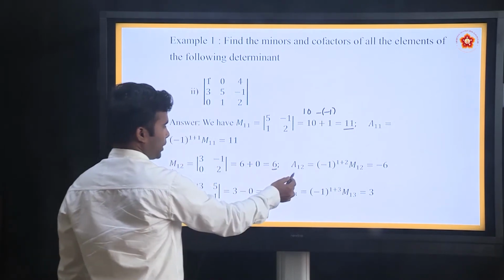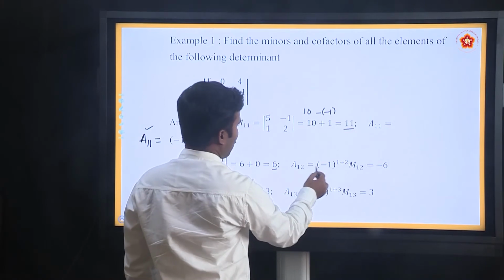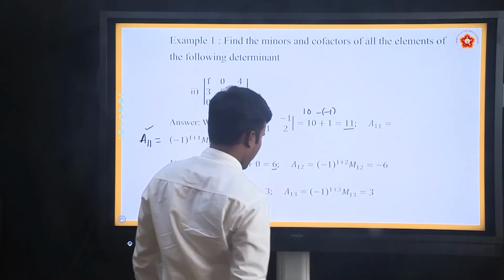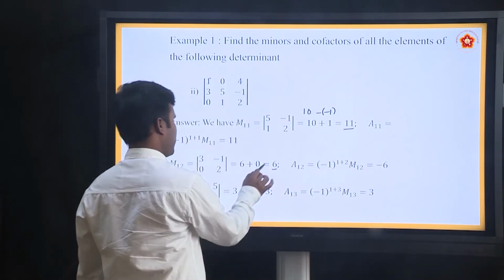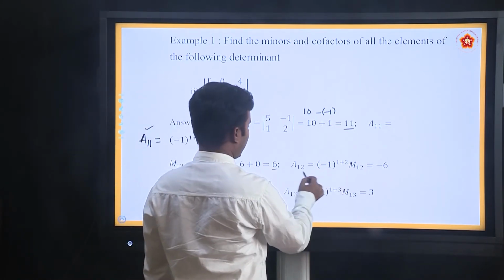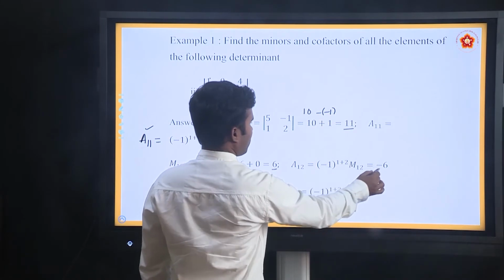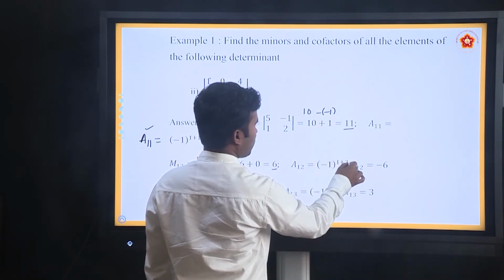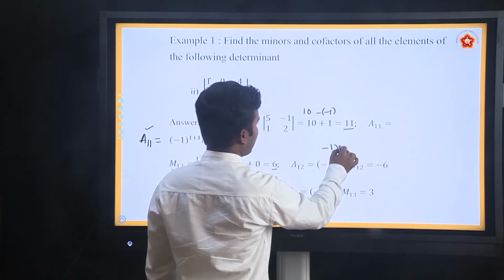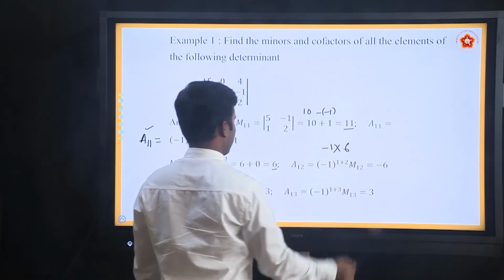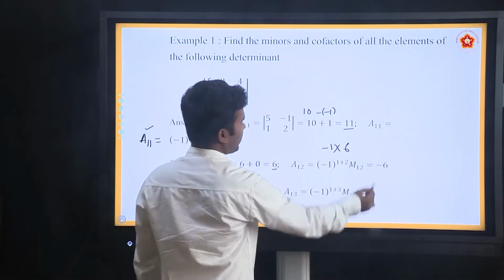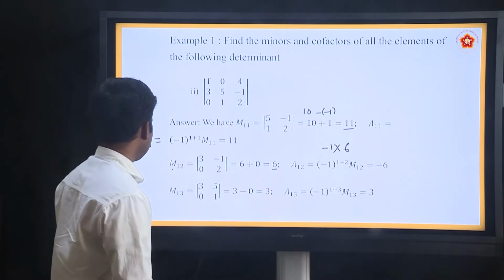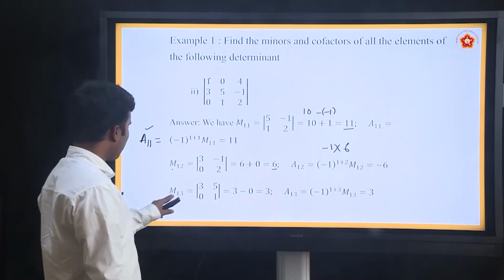The corresponding cofactor is minus 1 to the power 1 plus 2 into m12. So, here the minor is 6 and the cofactor is minus 6, because a12 is minus 1 to the power 1 plus 2, which is minus 1, into 6. As m12 is 6, you will get the cofactor as minus 6.